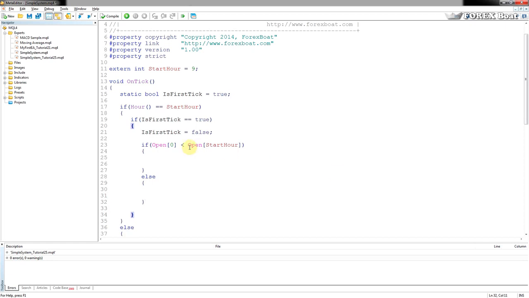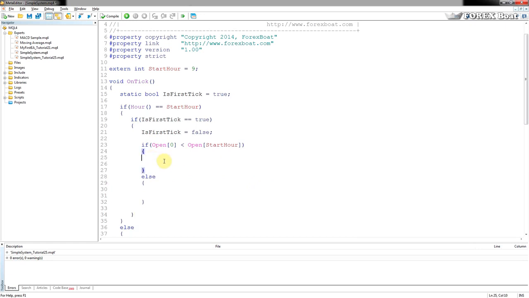And I'm intentionally ignoring the situation where open is equal to open, because that is very rare, and I don't mind if it falls under this case in our algorithm. If you want to filter it out completely, so if you want to be fair on both sides, you would put here if open is greater, so that would filter out the situation when they're actually equal. But I'm not going to worry about that, just to make the code simpler at this stage.